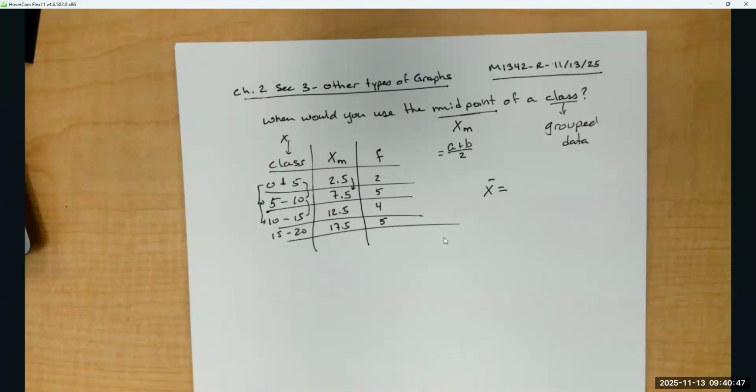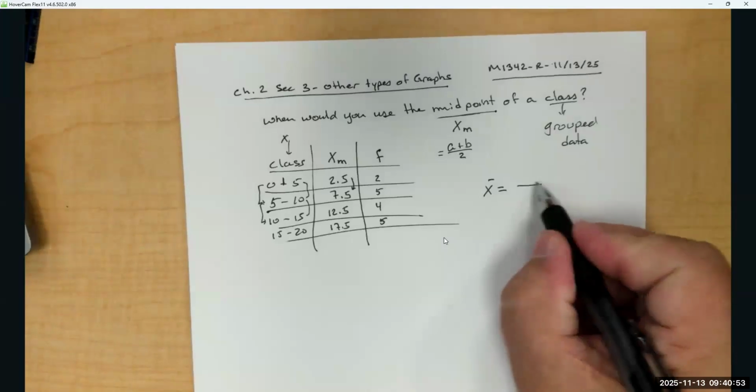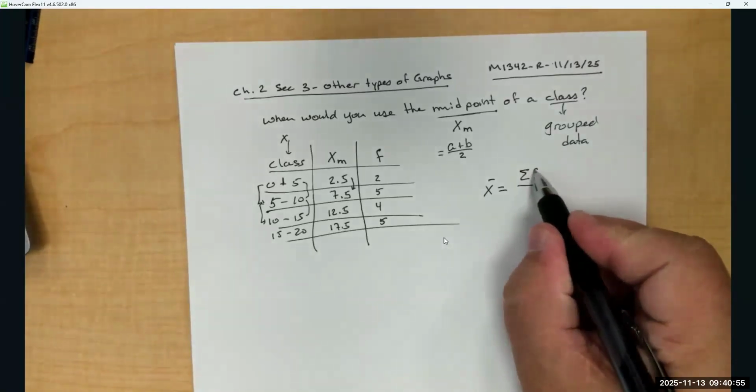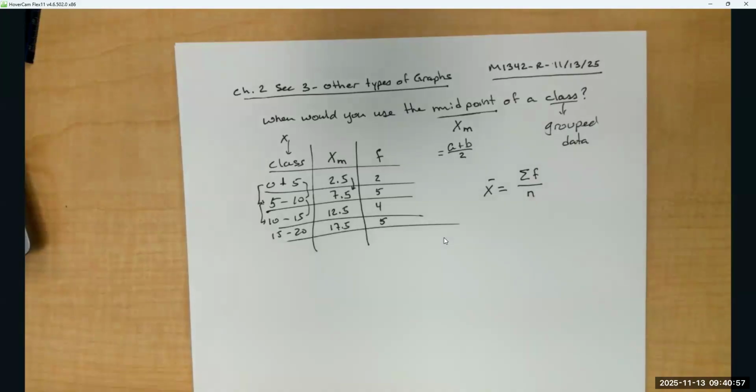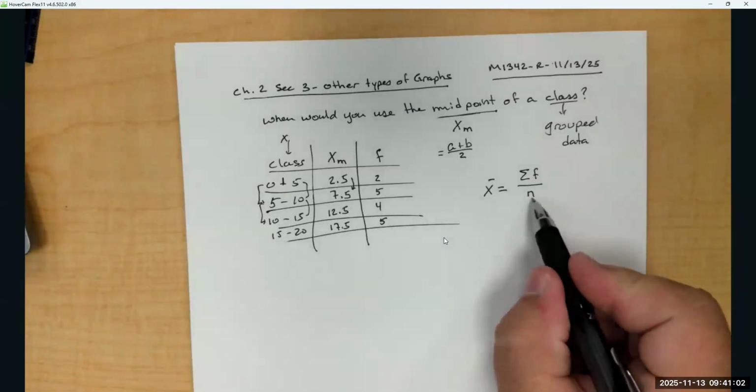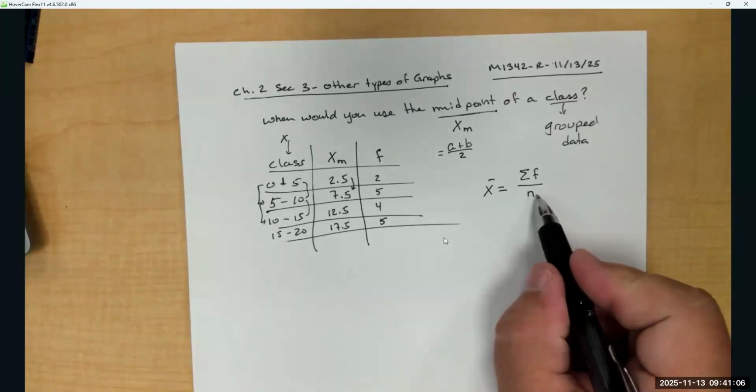What is the mean? The mean is the average. What's n? How do I find n?